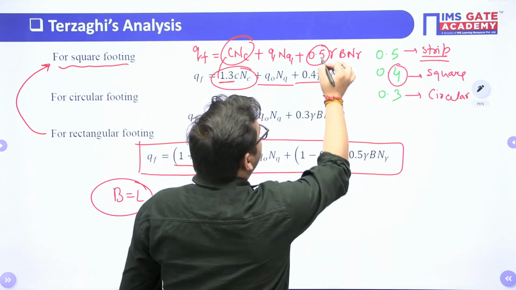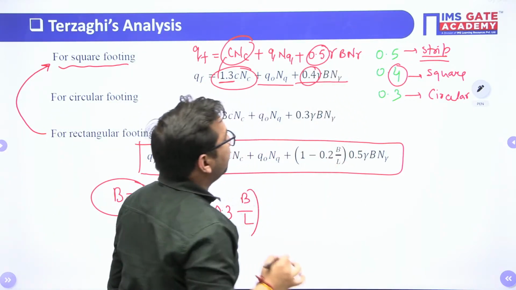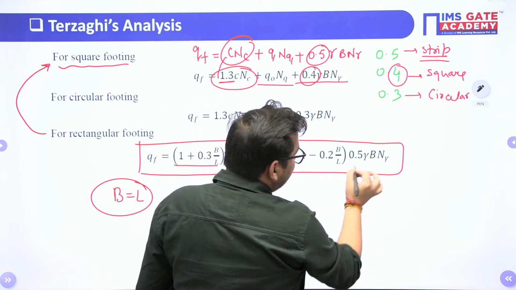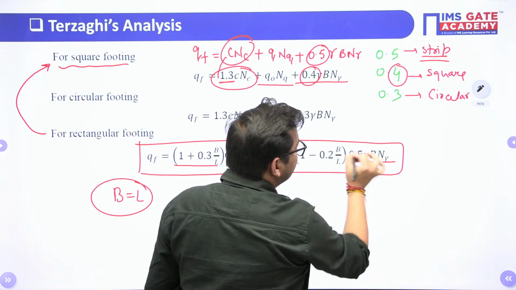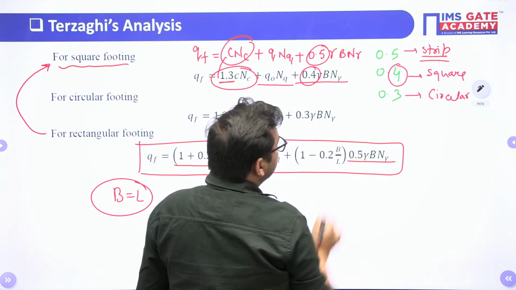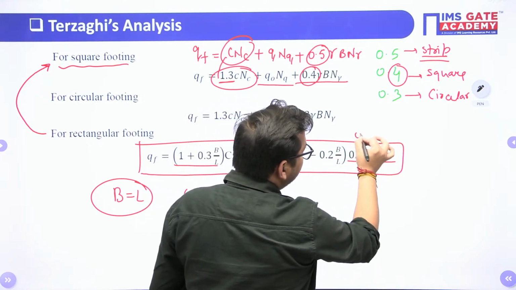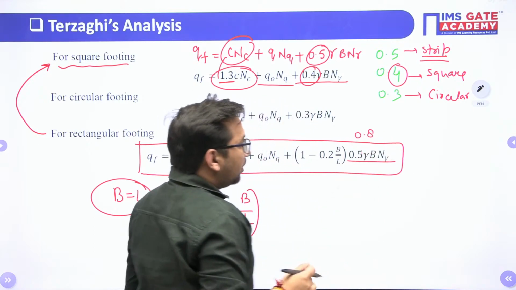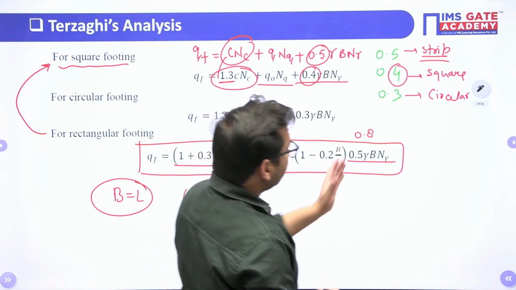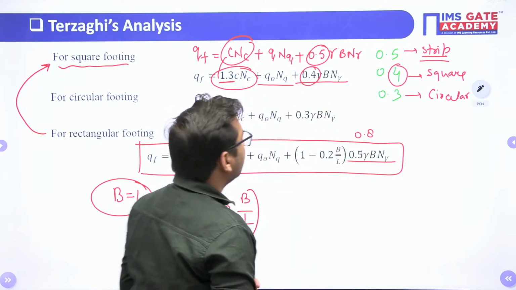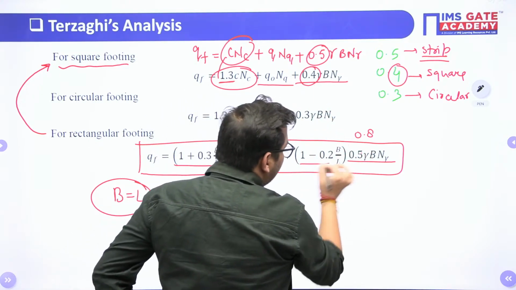Here we need 0.4. It means we already have 0.5 gamma B N gamma. If I multiply this particular value with 0.8, then only I can get this 0.4, right? So it should make a 0.8 value.